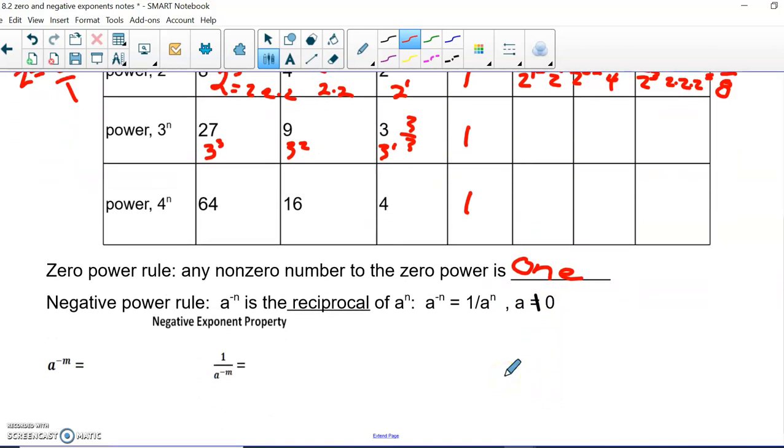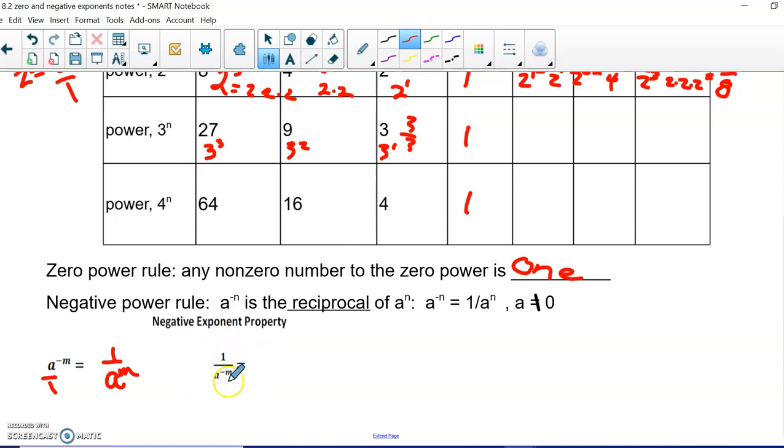This gets a little tricky, so I just wanted to go over this. So a to the negative m, we're going to take the reciprocal of a, which is a over 1. So the reciprocal would be 1 over a. Now the m becomes a positive. But what happens if it's a fraction already?